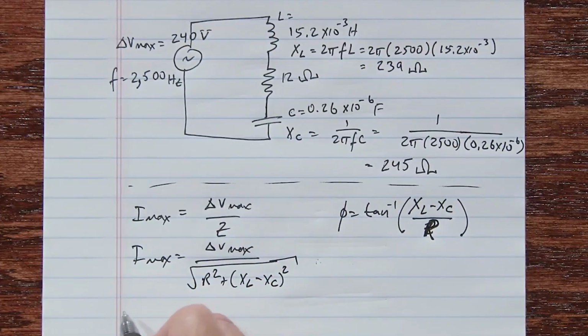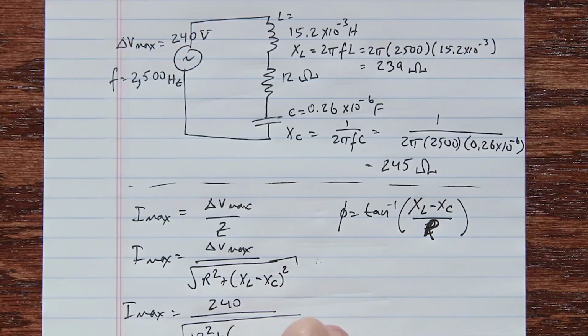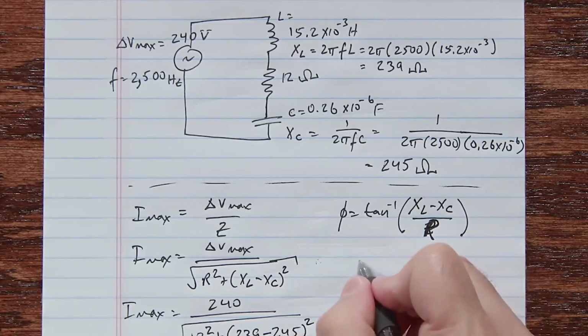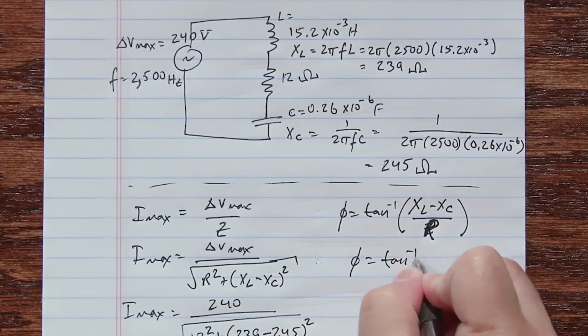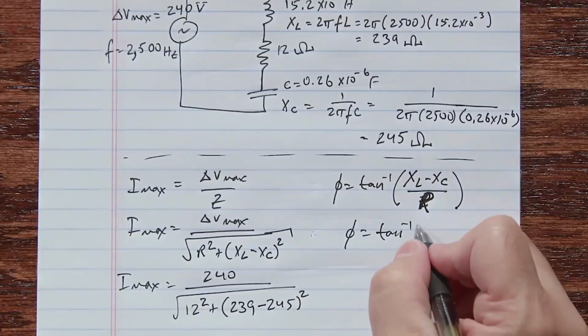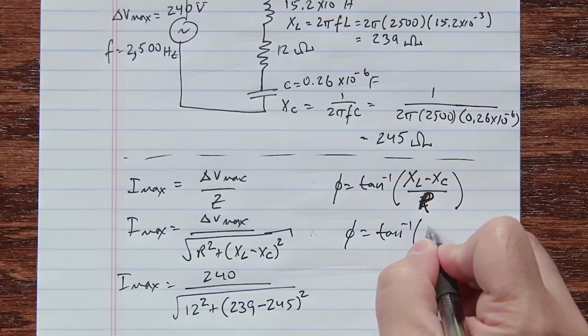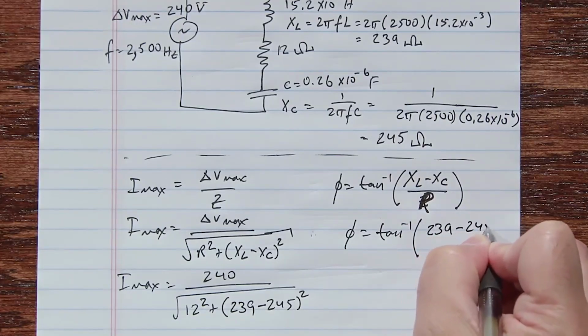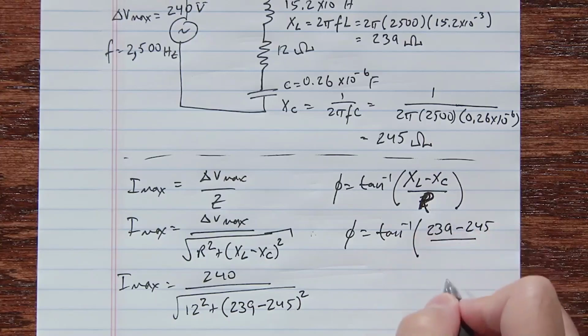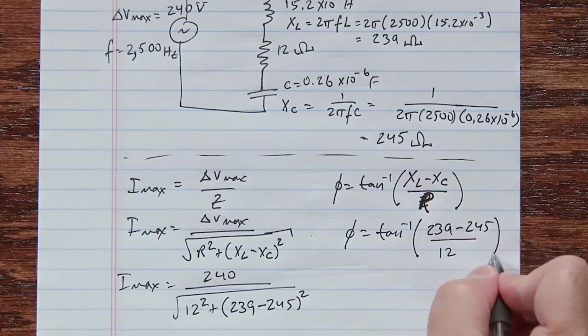So we can go ahead and put in our values. I max is equal to delta V max of 240 divided by the square root of 12 squared plus (239 minus 245) squared, and phi is equal to tan inverse of (239 minus 245) over R, which is 12.